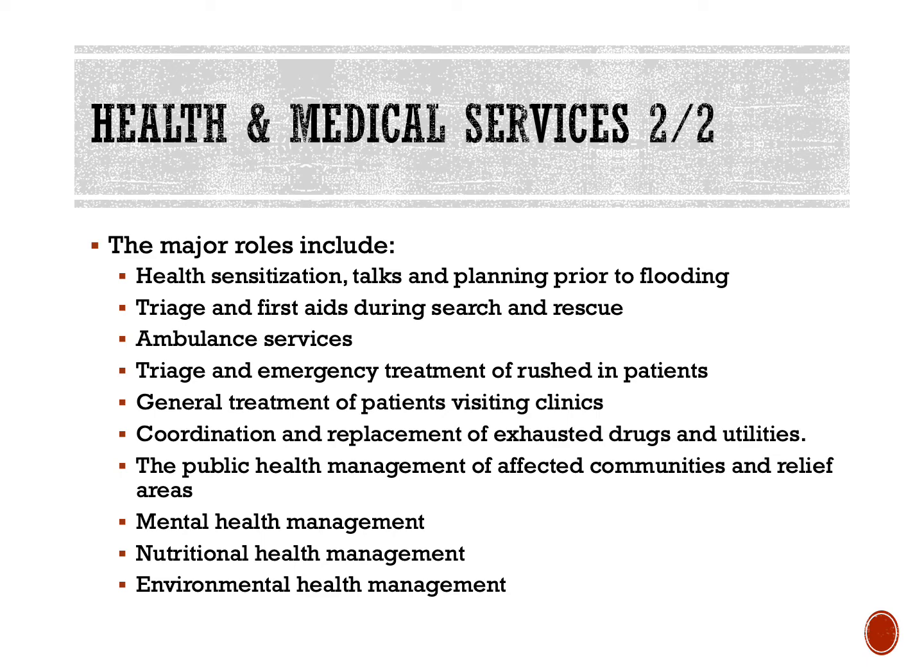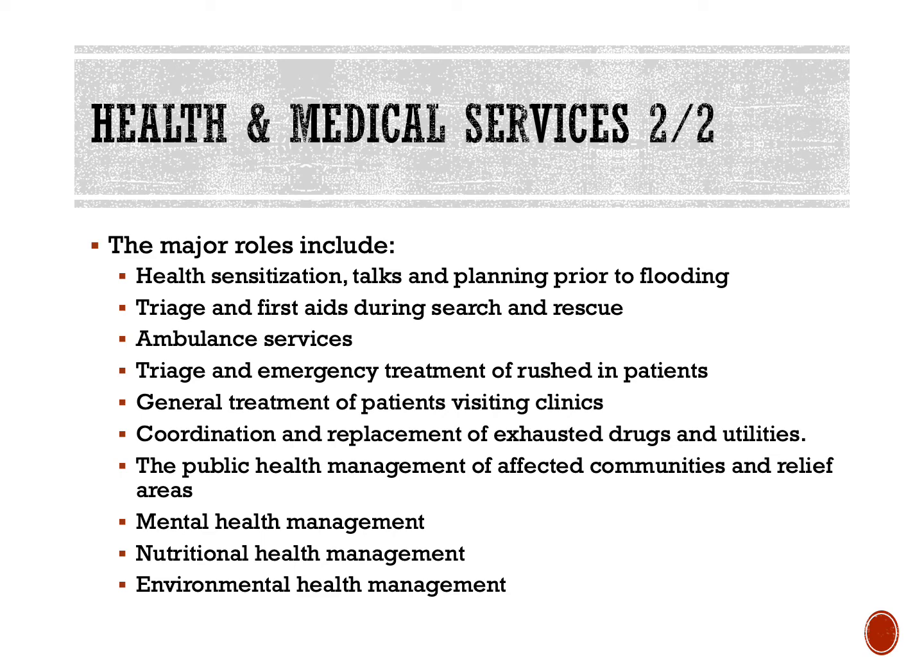Then you have to look at the public health needs of the community. Remember that with flooding, there will be emerging public health needs, so that needs to be managed. People would become depressed, as we saw in the health effects. They will have psychological breakdown, increase in drug abuse. So you need to have a mental health management plan. You need to also have nutrition health. There's going to be food scarcity.